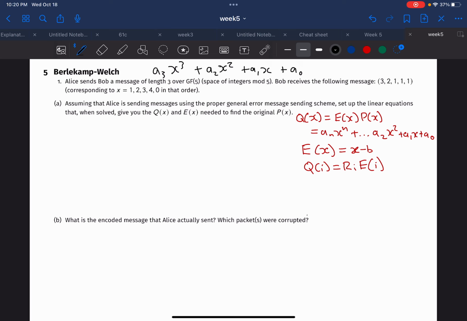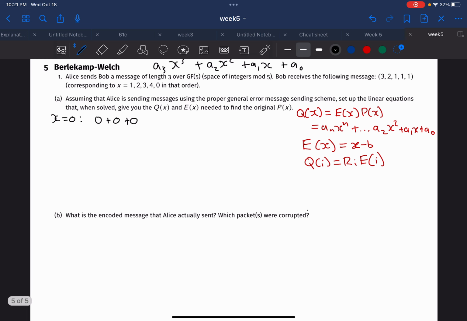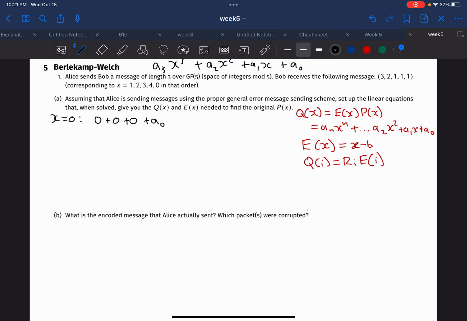And just plugging this in for each of the x values that we have, when x is equal to 0, if we plug in 0 for all of these x values, we just get 0 plus 0 plus 0, since a_3, a_2, a_1 are cancelled out by the zeros, plus a_0, and set that equal to R(i) times E(i), where the received message at x equal to 0 is 1.